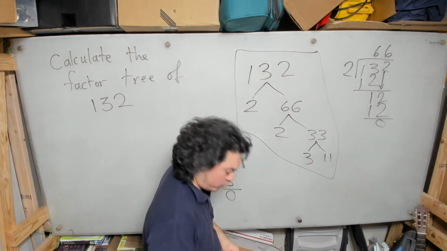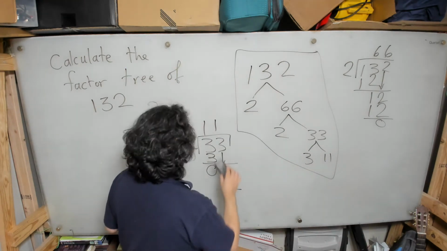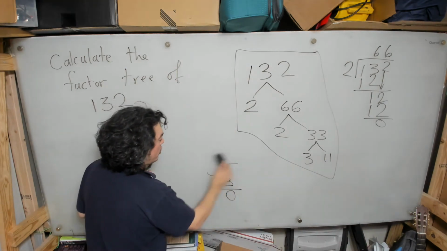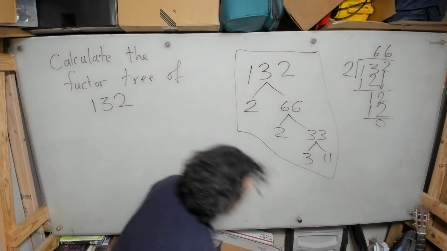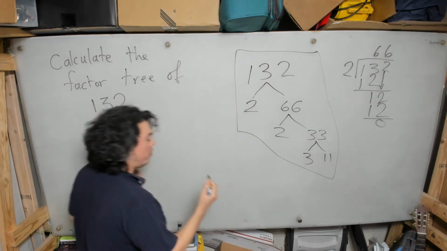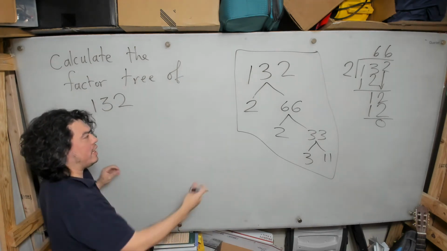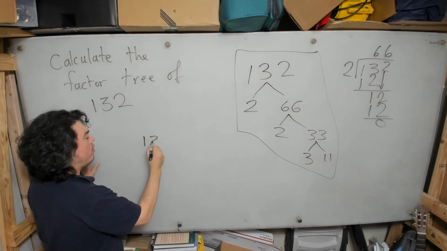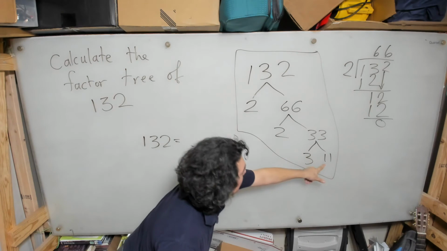And let us write down how we can interpret this result for the use of our future examples. Well, we can interpret this as 132 equals 2 times 2 times 3 times 11.